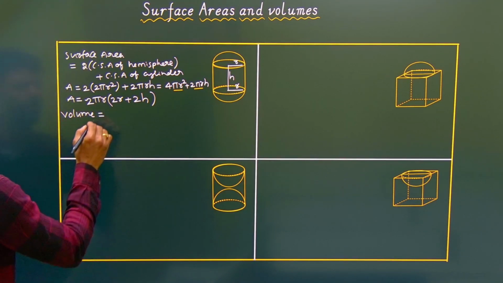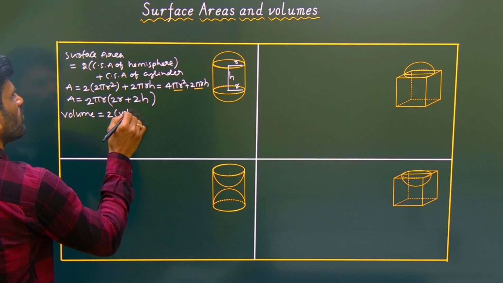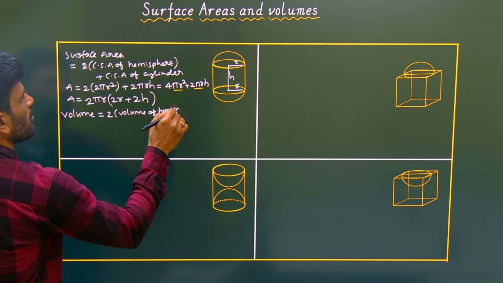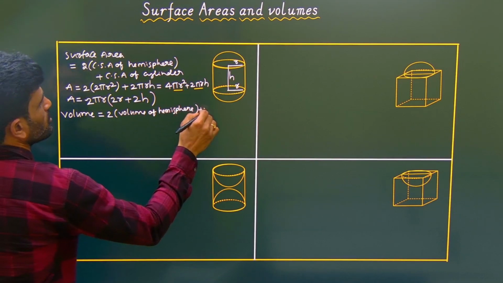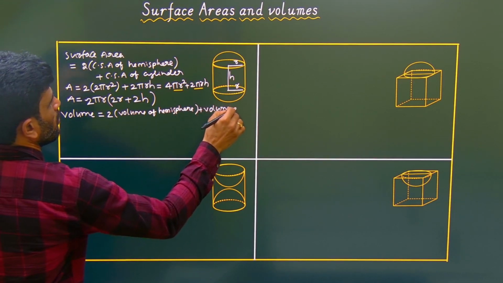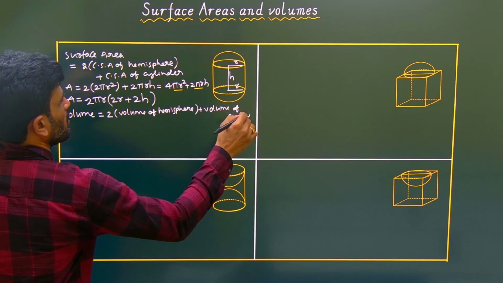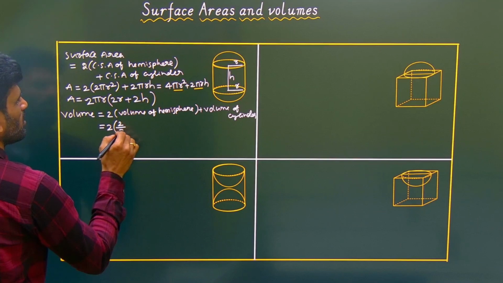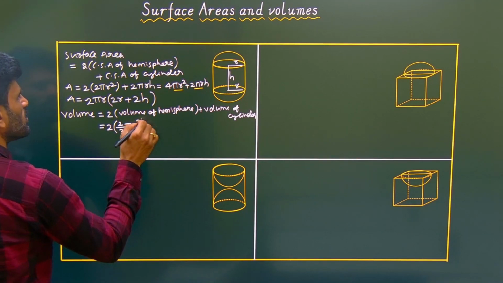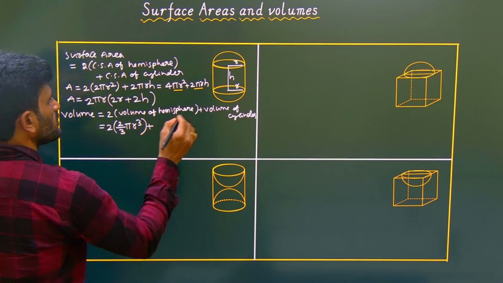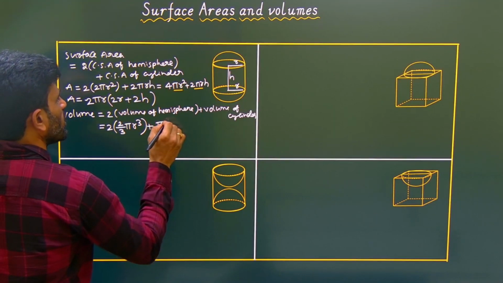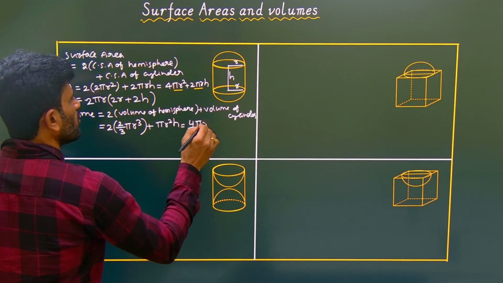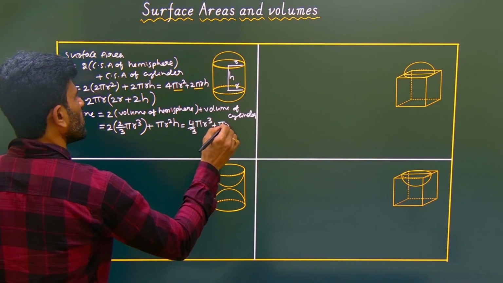volume is equal to again 2 times volume of hemisphere plus volume of cylinder. So 2 times volume of hemisphere is 2 into 2 by 3 pi r cube, which is the volume of a sphere, plus volume of cylinder is pi r square h, which is further 4 by 3 pi r cube plus pi r square h.